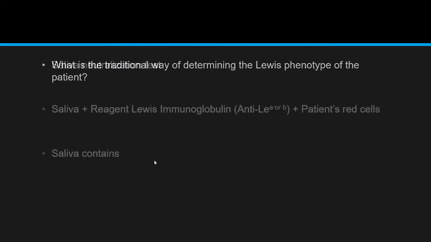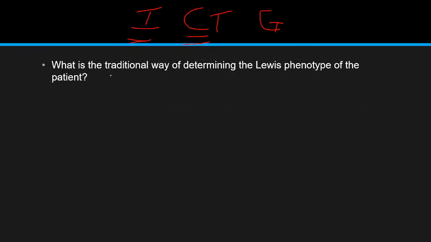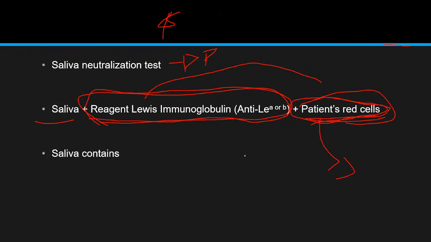Remember, read this again. The traditional way of determining the Lewis phenotype of a patient, the traditional way. Back then, we don't have complement fixation pa. So, hopefully, Cyrene, you won't take this as a personal attack, and I hope that Harmening did not take it as a personal attack.